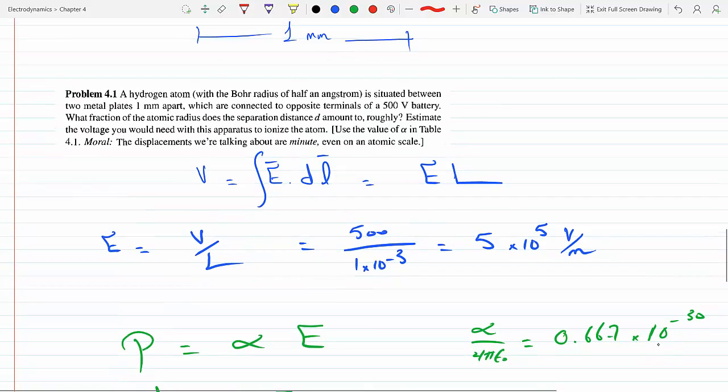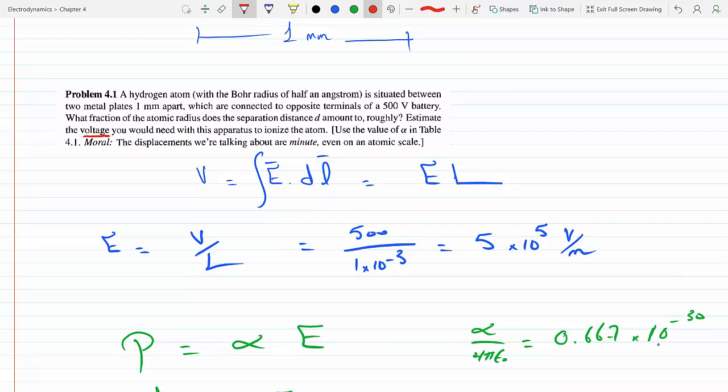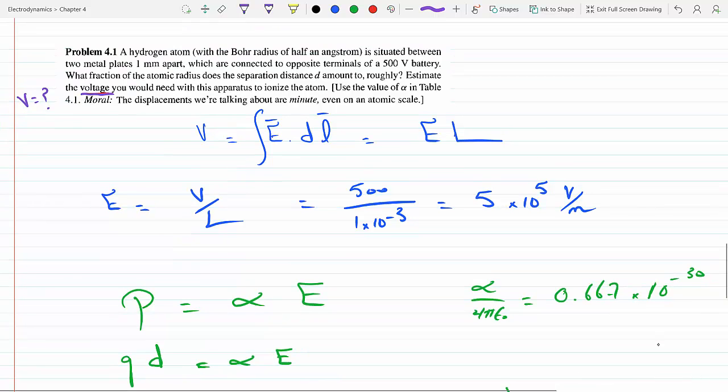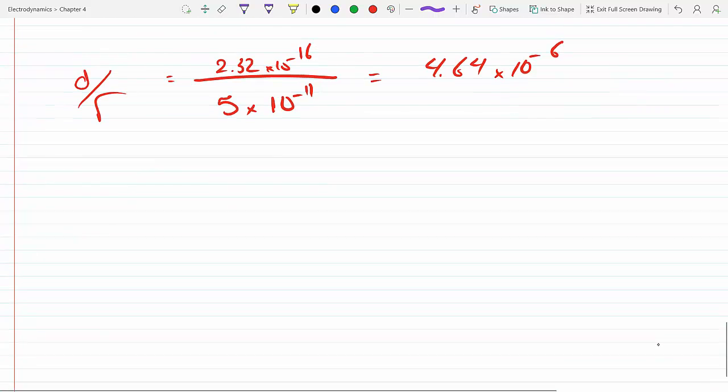Okay, continuing on with the problem, it says estimate the voltage. So now the question wants V. They're asking for the voltage you would need with this apparatus to ionize the atom. When would you ionize the atom?